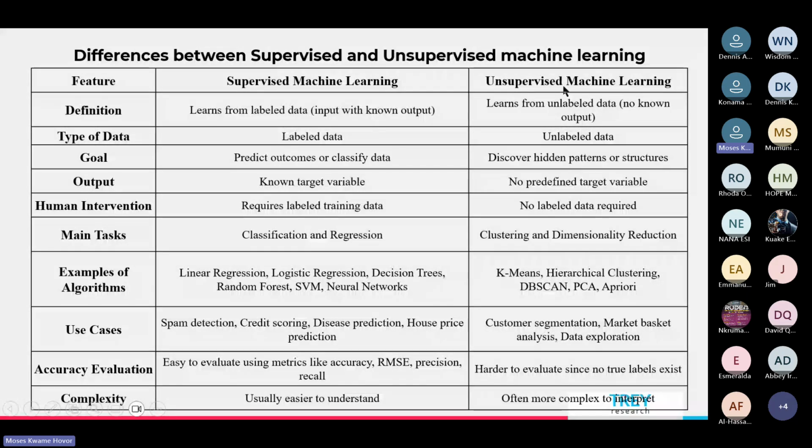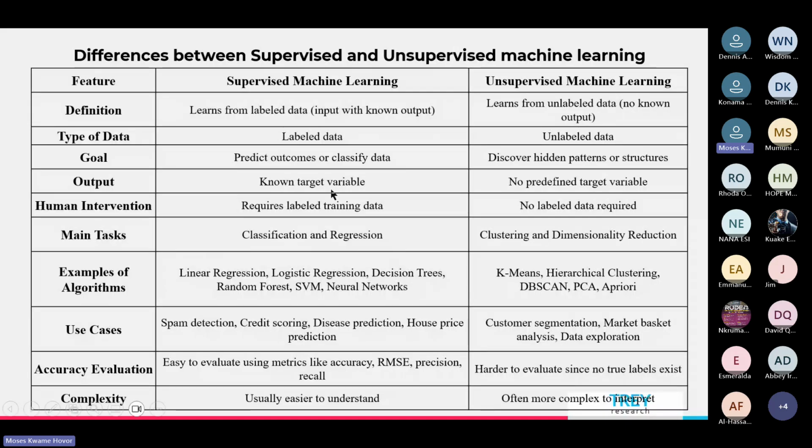Now, the goal of a supervised machine learning algorithm or model is to predict outcomes or classify what? Data. For unsupervised machine learning, it is to discover hidden patterns or structures. As I said, the output of supervised machine learning is a known target what? Variable. But for unsupervised machine learning, there's no predefined target variable.